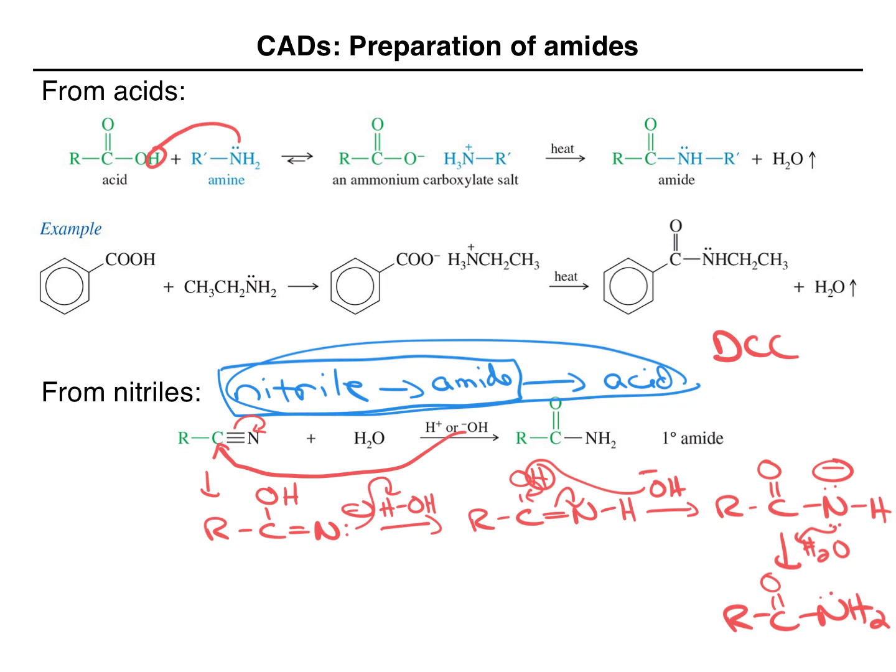If instead the hydrolysis is carried out under acidic conditions, then this would start with the nitrile getting protonated, giving this intermediate. Next, water can act as a nucleophile, share its electrons with this carbon, pushing these electrons onto the nitrogen.